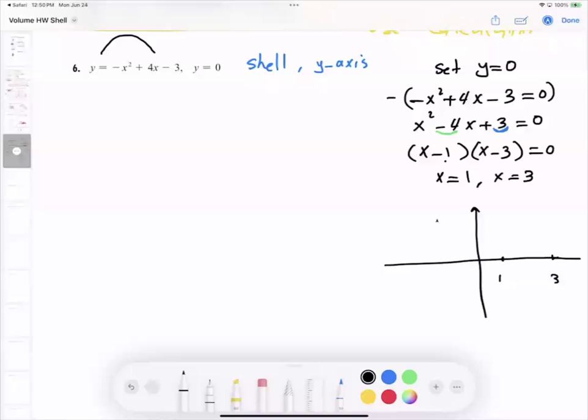We get 2 minus 1, which is 1, times 2 minus 3, which is -1. Let's plug in 2 here. y is equal to -4 plus 8 minus 3, which is equal to 1. So here we go. This is the behavior of this object.